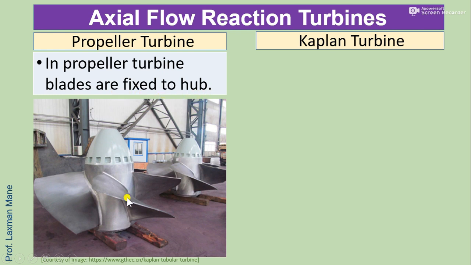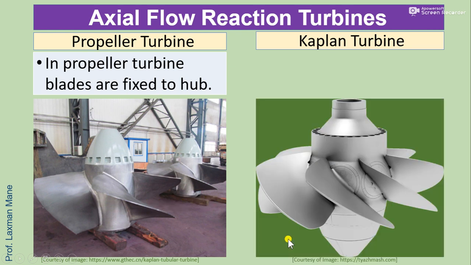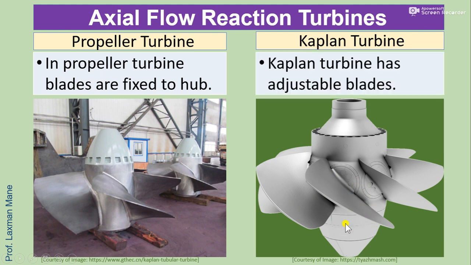These are not movable or adjustable. In case of Kaplan turbine, we can see from this image the blades are movable or adjustable, and these are in number from 6 to 8, while in case of propeller turbine the blades are in number from 3 to 4.